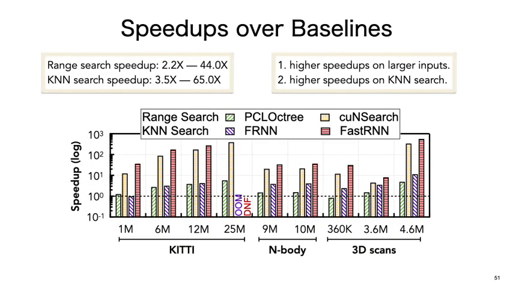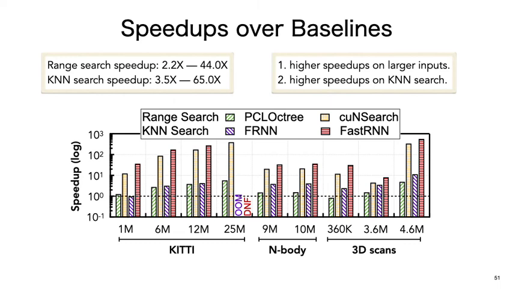So in this figure, on the x-axis, I'm showing you different applications in the benchmark, and the y-axis shows the speedup of our search algorithm, RTNN, over different baselines. And as you can see, the range search speedup ranged from 2.2x to 44x, and the KNN search speedup ranged from 3.5x to 65x.